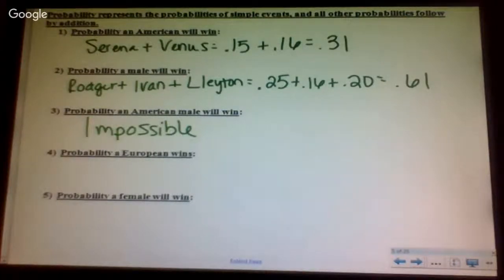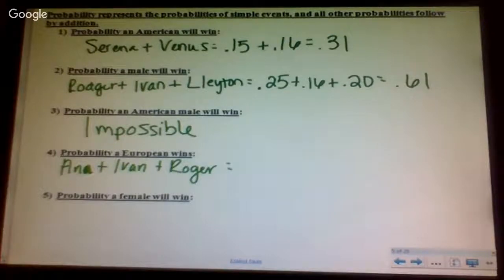What about the probability of a European winning? Anna is Russian, Ivan is Swiss, and there's one more European, Roger. Okay.